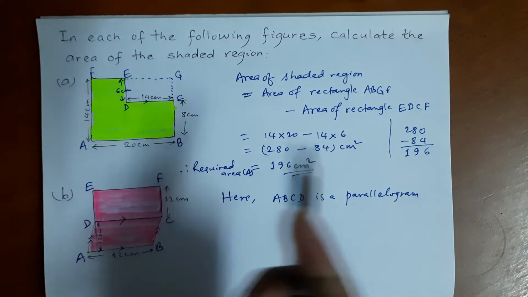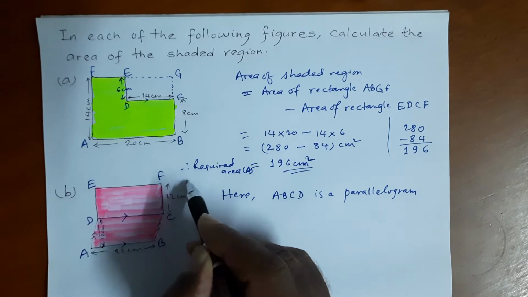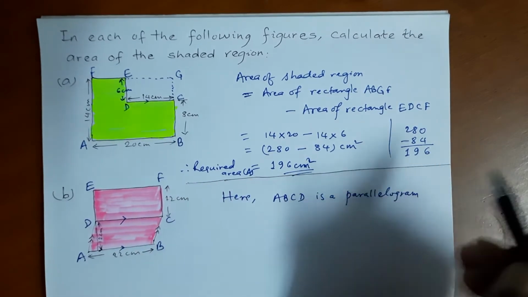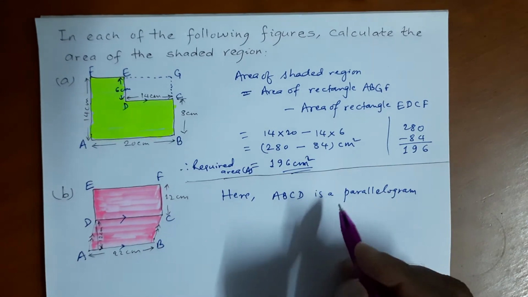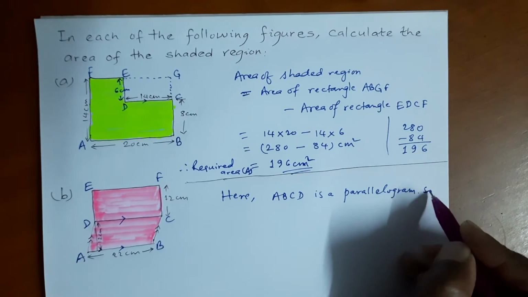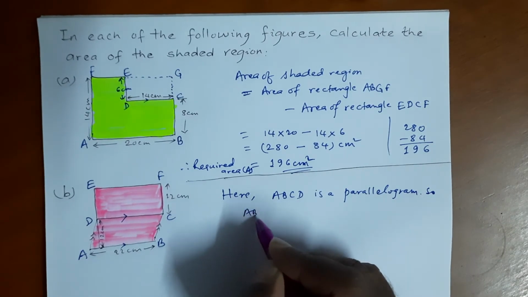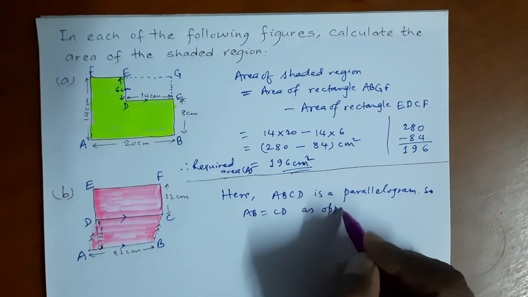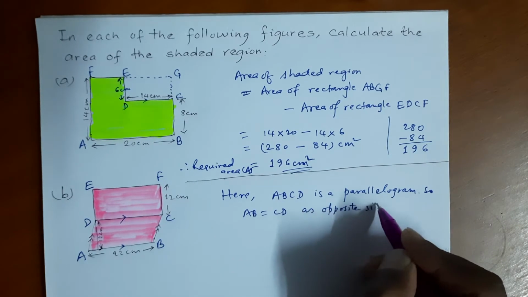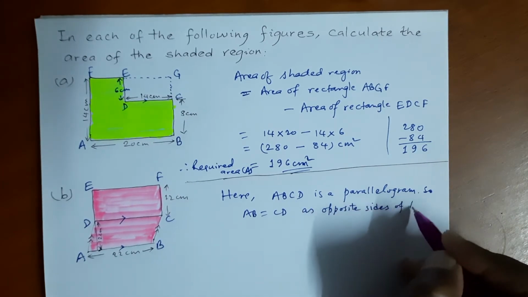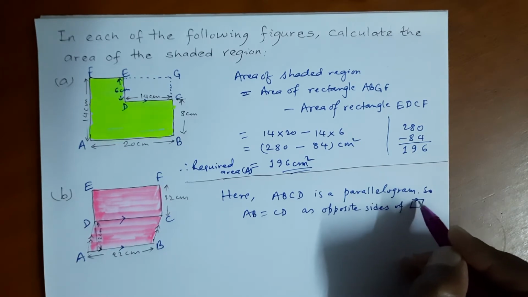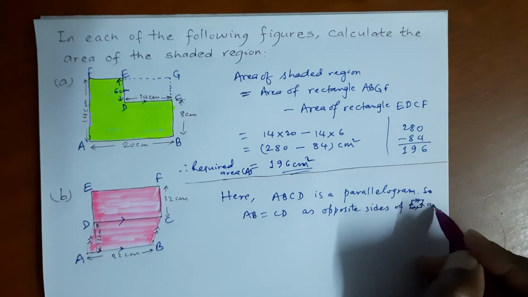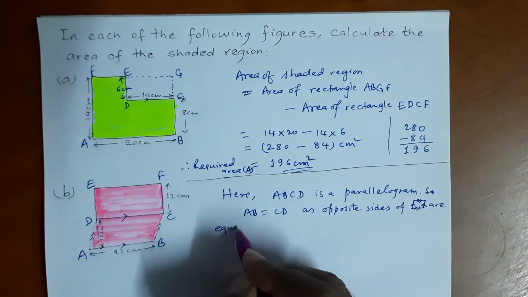Not to be confused with the above one, I will draw the line here. It's a parallelogram, so AB equals CD, as opposite sides of a parallelogram are equal.